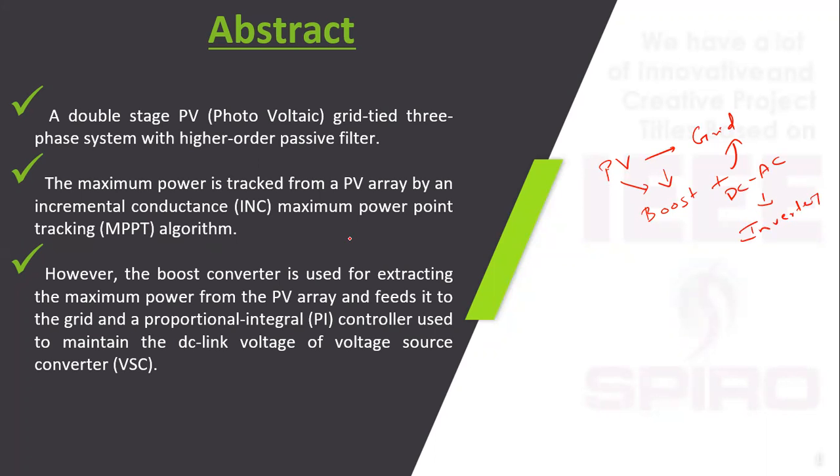Here they mentioned a double stage PV grid tied three phase system, meaning a boost converter with the inverter. They consider this as a two stage system, and in a PV system conventionally the P&O algorithm MPPT technique is used.